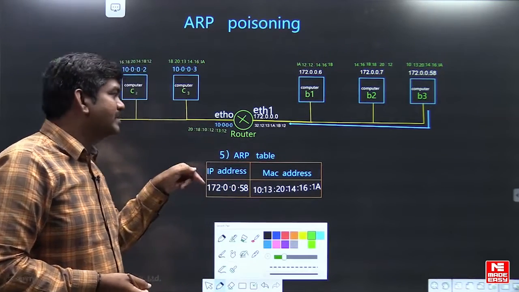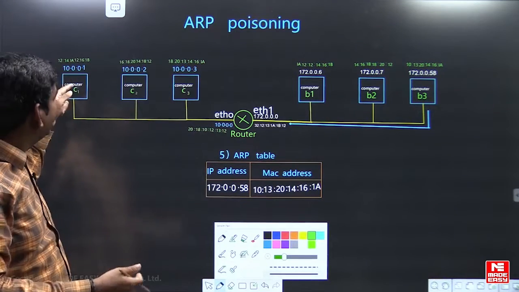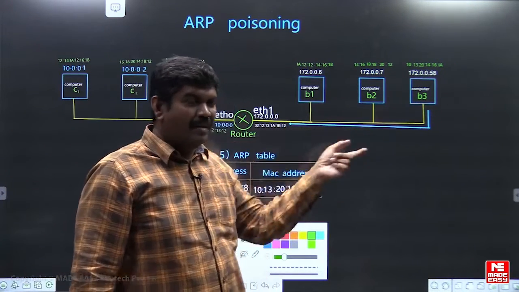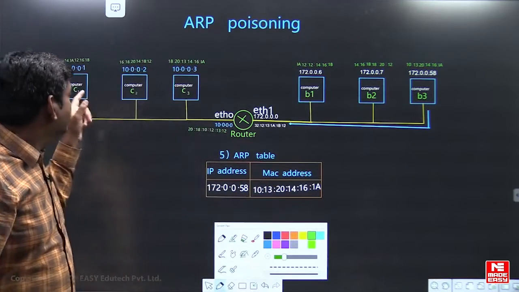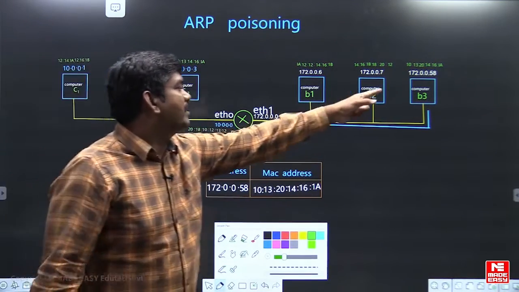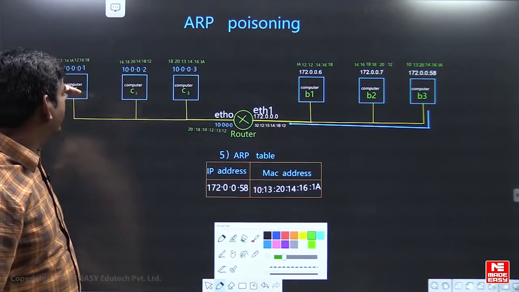You can see the concept here: this computer is indirectly asking for the MAC address of this B3. With the help of what? This computer knows the IP address of that particular computer, and it is asking. Then what can this hacker do when he puts in a query?